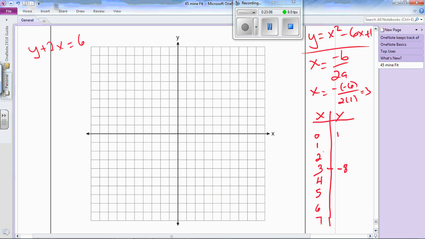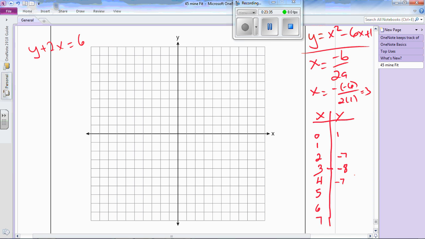If I type in 2, I get 4 minus 12. 4 minus 12 is negative 8 plus 1 is negative 7. Now, you don't have to do all this, you just put this in your calculator. 1, I get 1 minus 6, which is negative 5. Well, this one and that one cancel, so it's just negative 6.